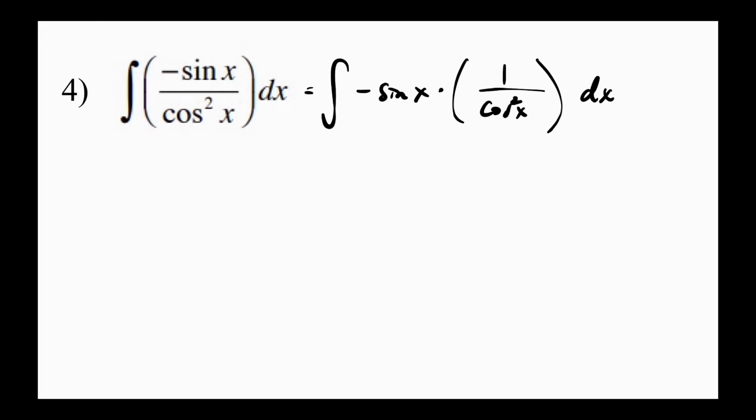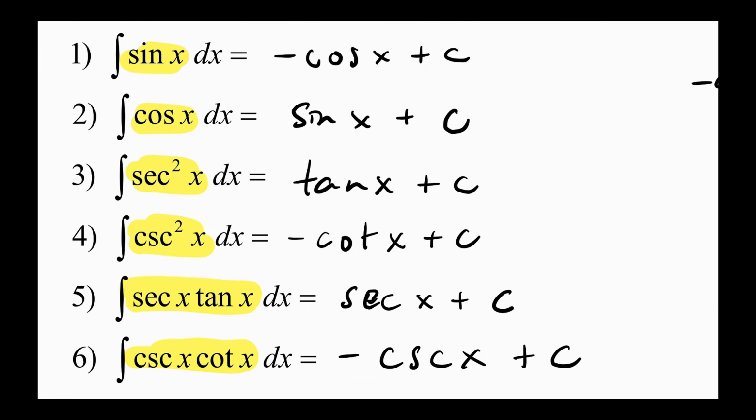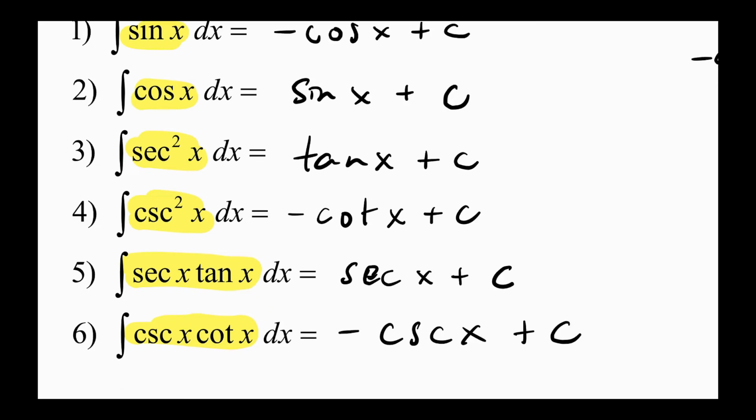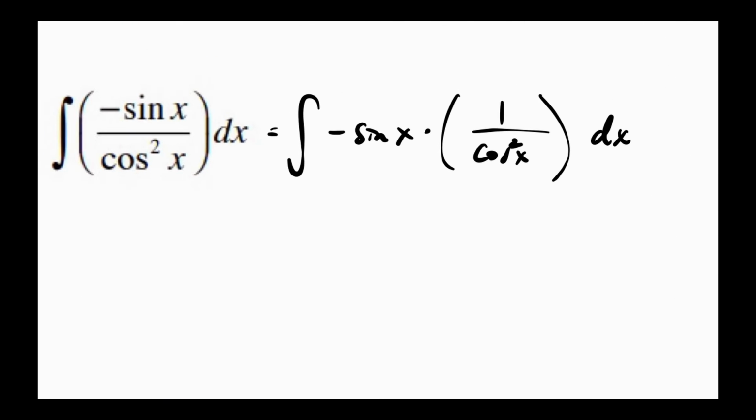I'll give you a hint. We want it to match one of the ones from earlier, from the page before, one of these yellow guys. We want our finished answer to match that. So you are definitely going to break it up, but you're not going to break it up that way. Can we do negative sine x over cosine x times 1 over cosine?